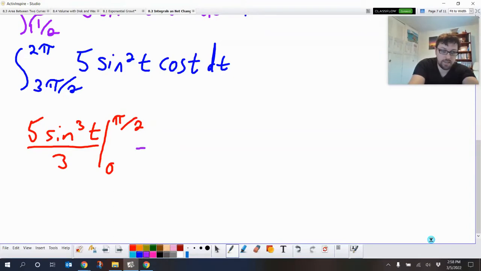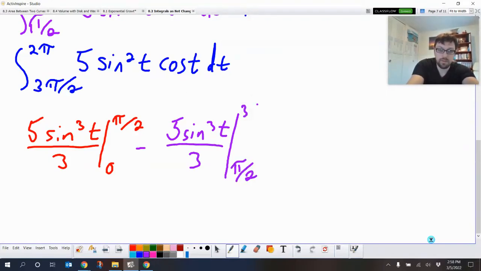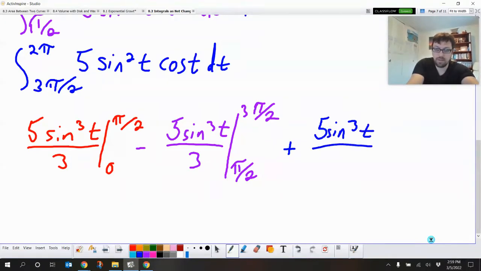That'll be minus 5 sine cubed of t over 3, going from pi over 2 to 3 pi over 2, plus our final piece of 5 sine cubed t over 3, going from 3 pi over 2 to 2 pi.